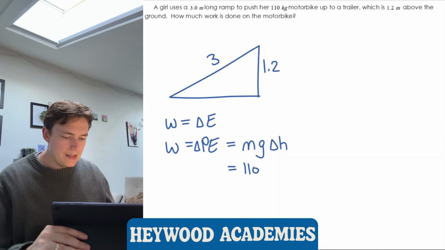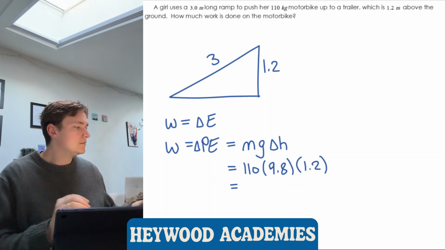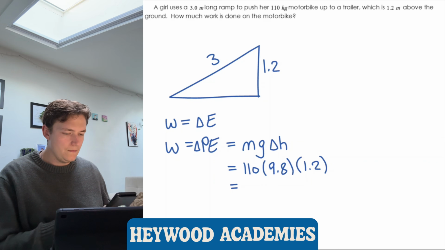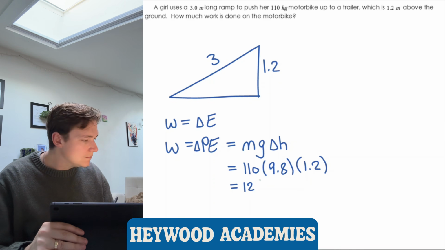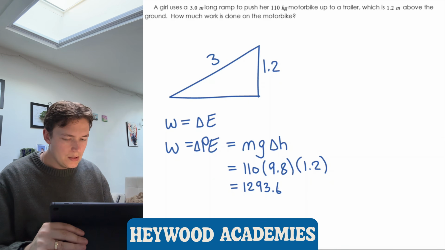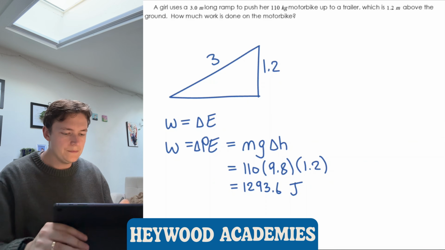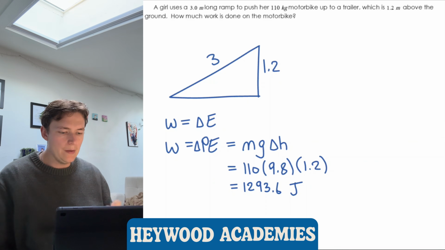So we got 110 kilograms, 9.8, and we went up by 1.2. That gives 1293.6 joules. Okay, probably could have rounded that better, but we'll leave it like that.